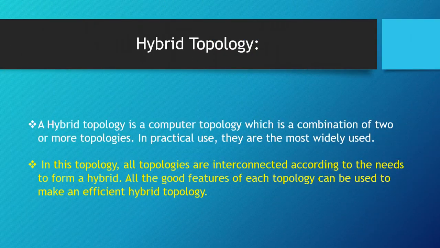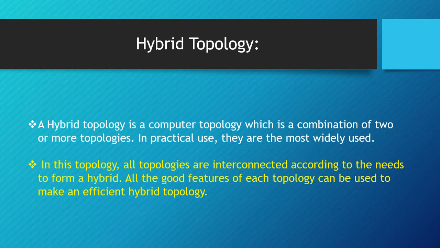Now I will move towards the last topology, that is hybrid topology. Hybrid topology is a computer topology which combines two or more topologies, as the name says, hybrid. In this topology, all the topologies are connected according to the needs of that particular form of hybrid.